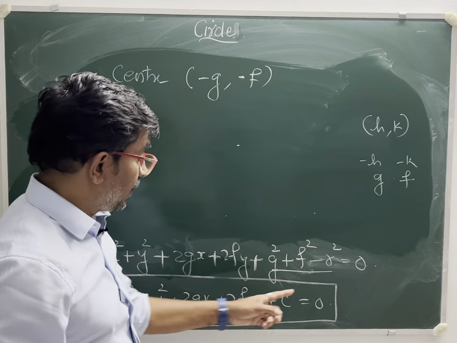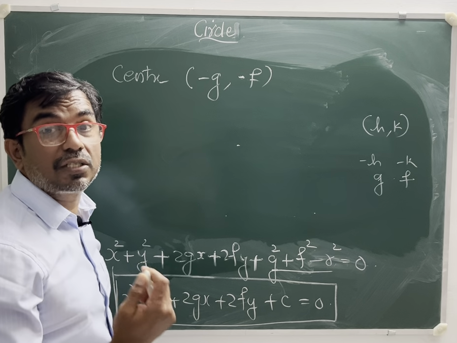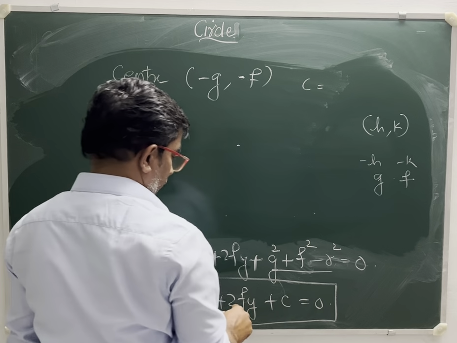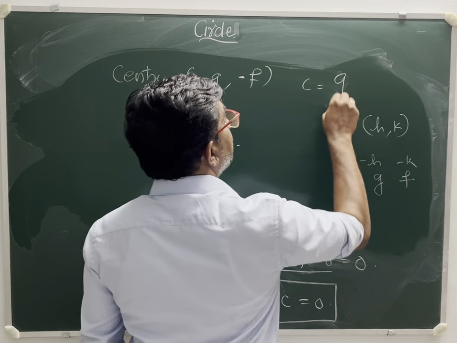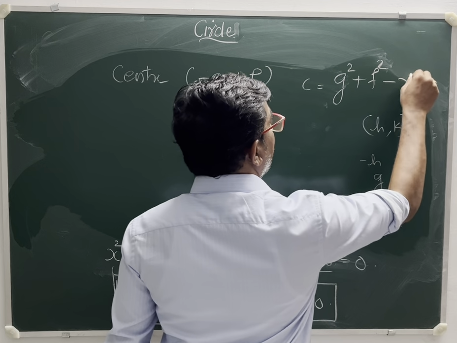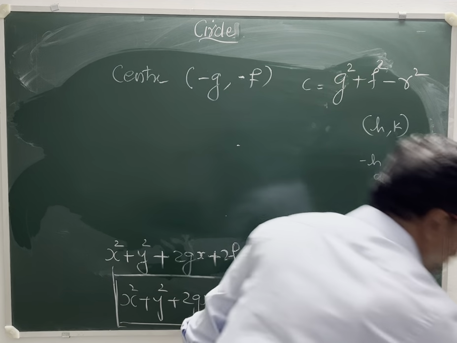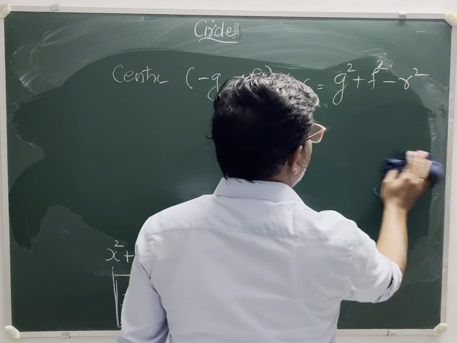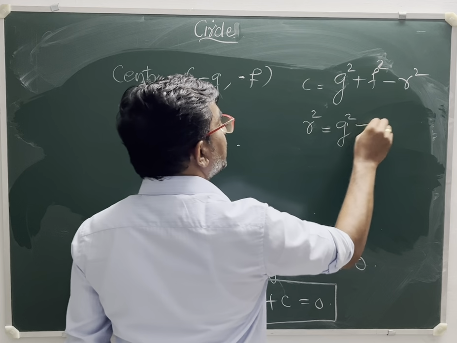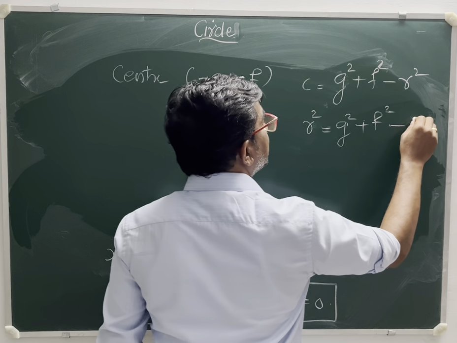Another thing that you should understand, in the place of c is a constant which is going to come. C will be equal to what? G square plus f square minus r square. I am looking for the radius. So from here I will write r square is equal to g square plus f square minus c.